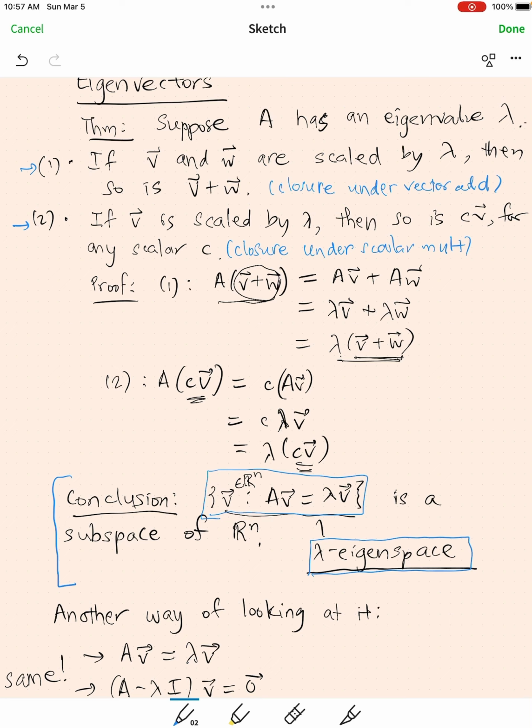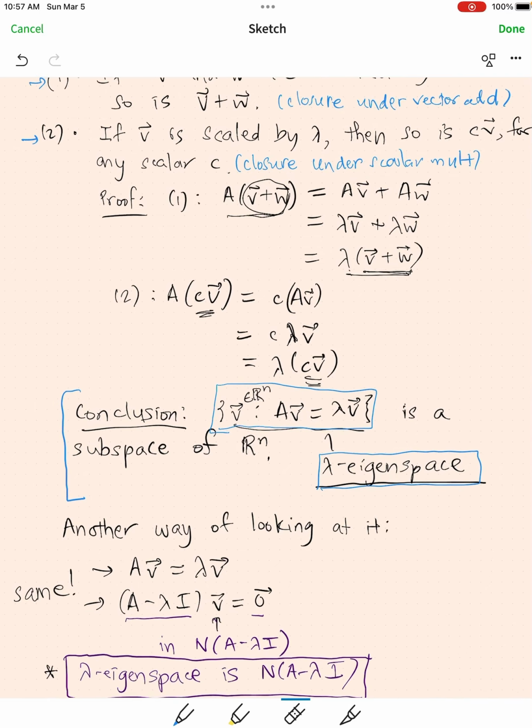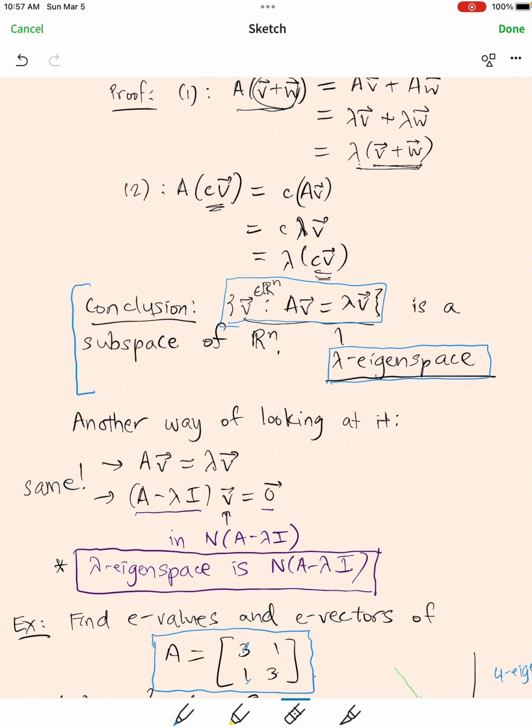So whenever you have two vectors that get scaled by lambda, any linear combination of those vectors also has to be scaled by lambda. And so that's how we get this subspace of Rn, the lambda eigenspace.